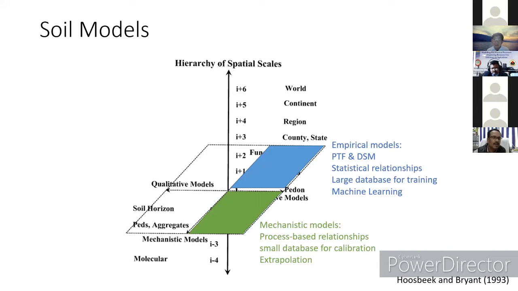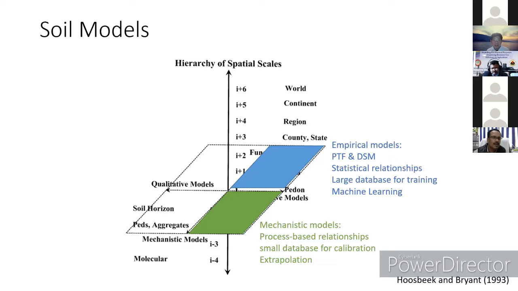So it's based on statistical relationships, and the larger the training database, the more useful, robust, and applicable the model is. Sometimes people use different machine learning methods.